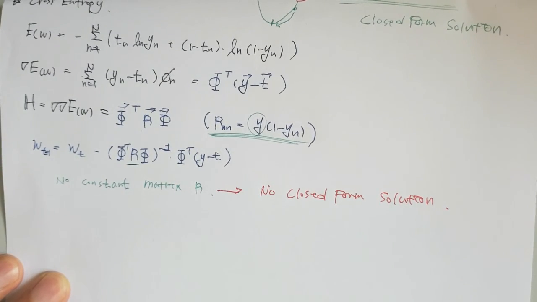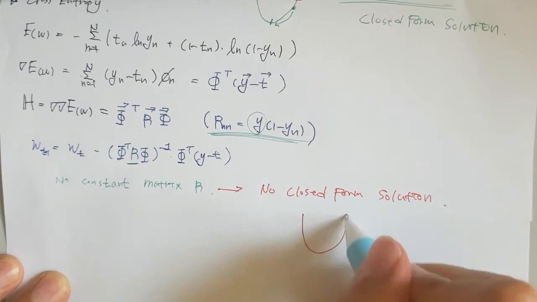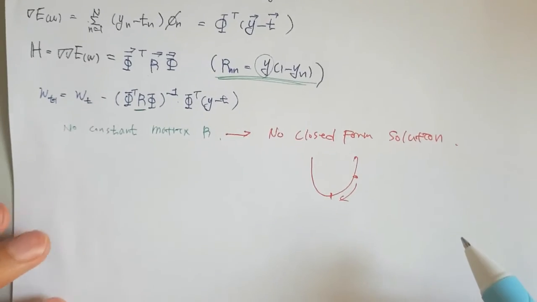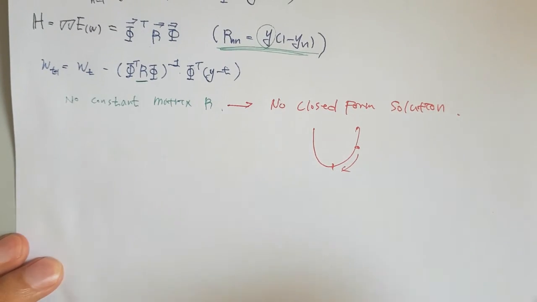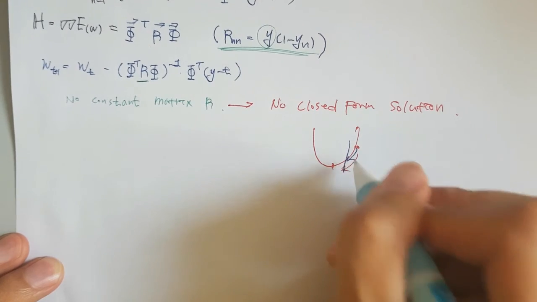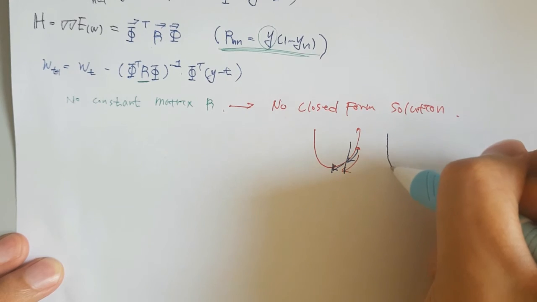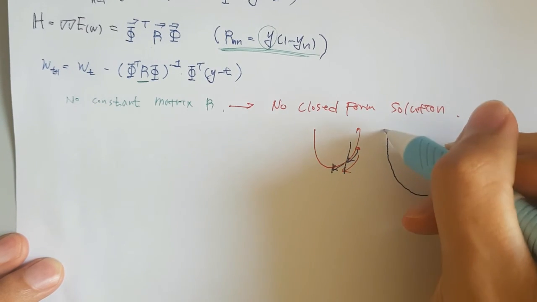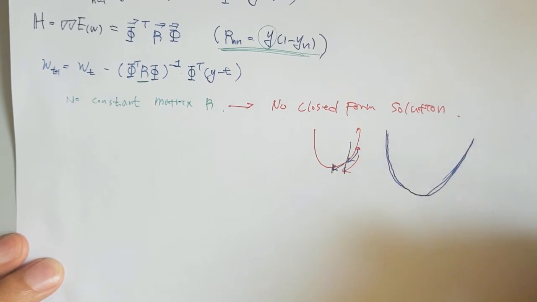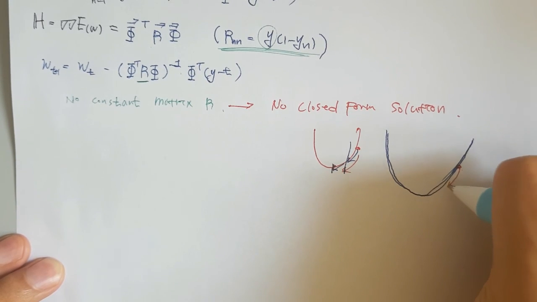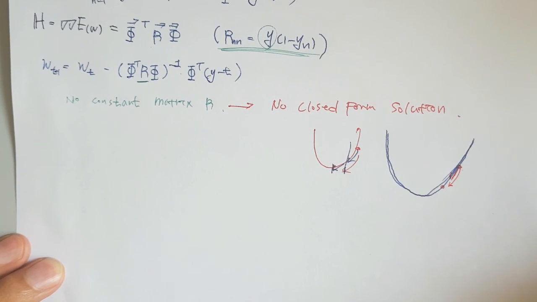That means, sadly, we can't derive a closed form solution. That means we can't go directly to the minimum point, but still we can use an iterative method, moving these amounts, because since the cost function is of quadratic form, it is more efficient to approximate with second order points. It's much better than just using the first order.